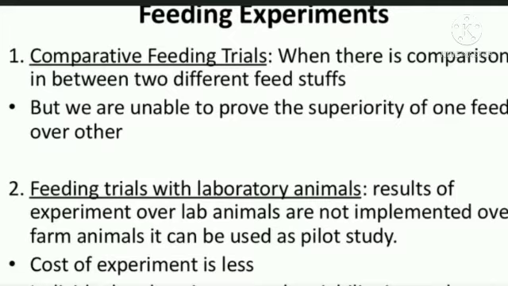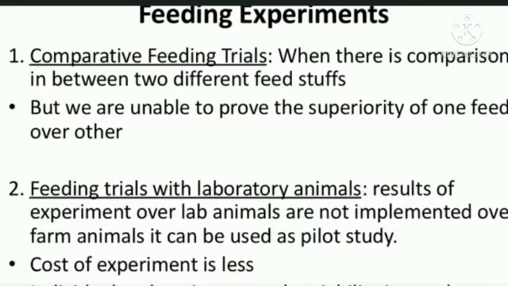So all these experiments are conducted for different purposes. The first is the comparative feeding trial. When there is a comparison between two different feed stuffs, at that time we perform the comparative feeding trial.